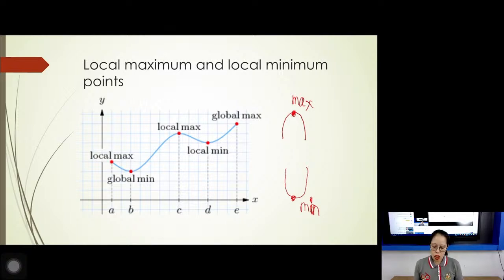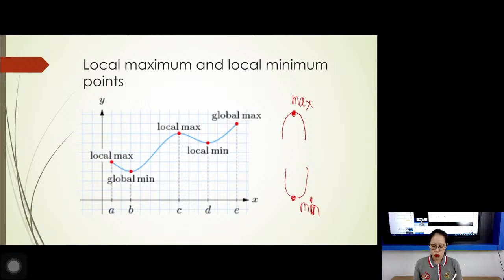Now we have here local max and global max. What's the difference between local max and global max? So local max are what? All the maximum points can be considered as your local maximum, but the highest among these maximum points will be considered as our global maximum point. Okay?